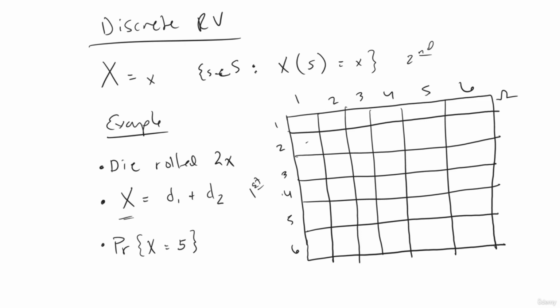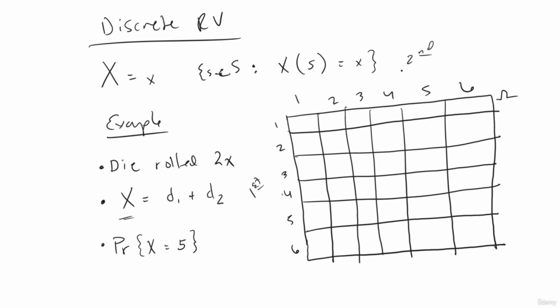I'm going to see which one of these actually produces a 5, where I sum the two numbers, the first and second roll, and get a 5. Well, if I get a 1 on the first roll and a 1 on the second roll, and I do x of s here, this particular event, I'm going to get 2, and that's not equal to 5. And so let's move on.